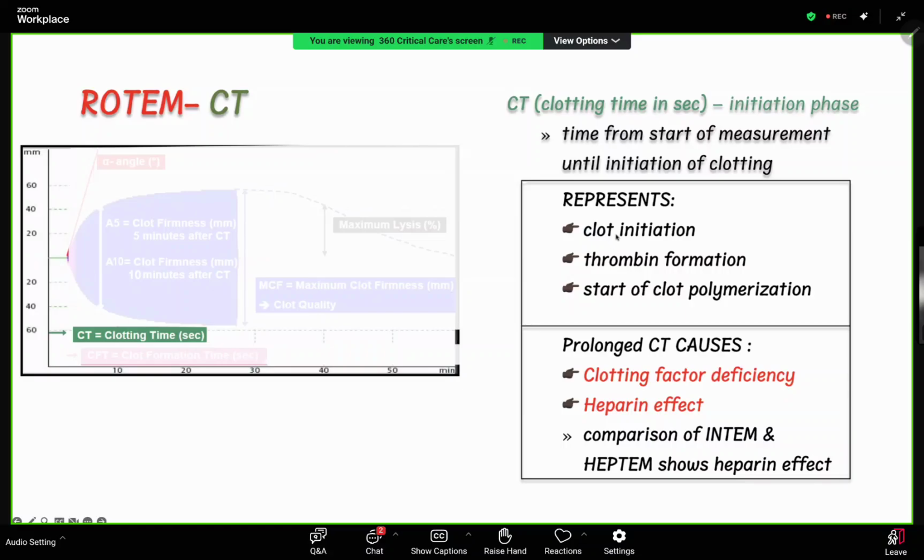It represents the time for clot initiation, thrombin formation, and start of clot polymerization. The causes for prolonged CT are clotting factor deficiency and heparin effect. We talked about that, and you have to see how you know which is because of what. Heparin effect will be corrected in HEPTEM, but if it is due to any clotting factor deficiency, it will not be corrected in the HEPTEM.